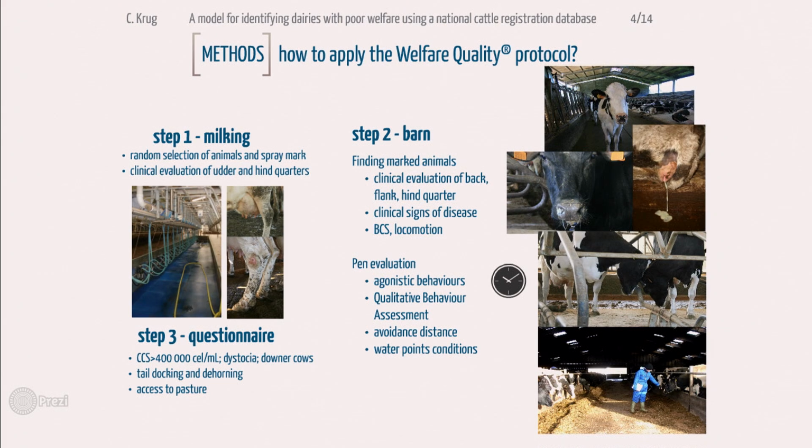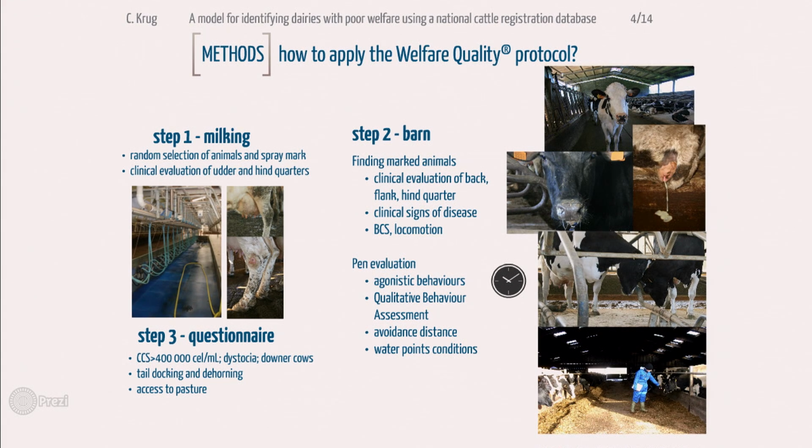In the Welfare Quality protocol, the first step is to select the animals randomly. We generally select them at the milking parlor, and we make a first clinical analysis of the animals. We look at the hock lesions, for example, that Kaiserling and I were talking about earlier.